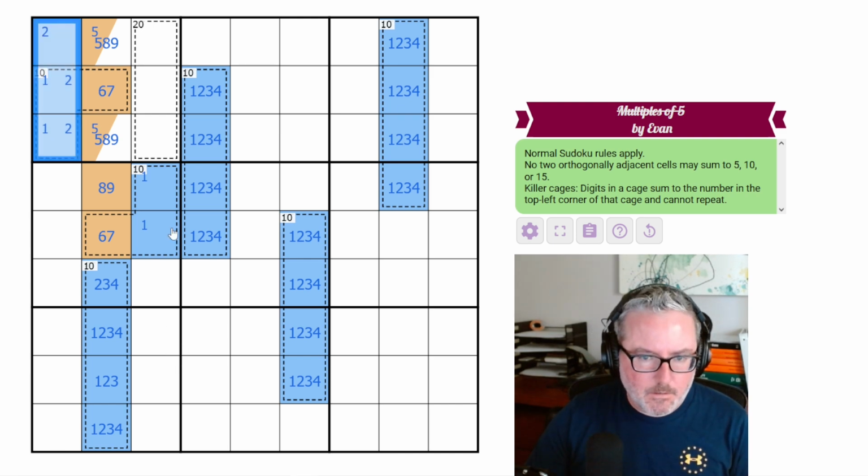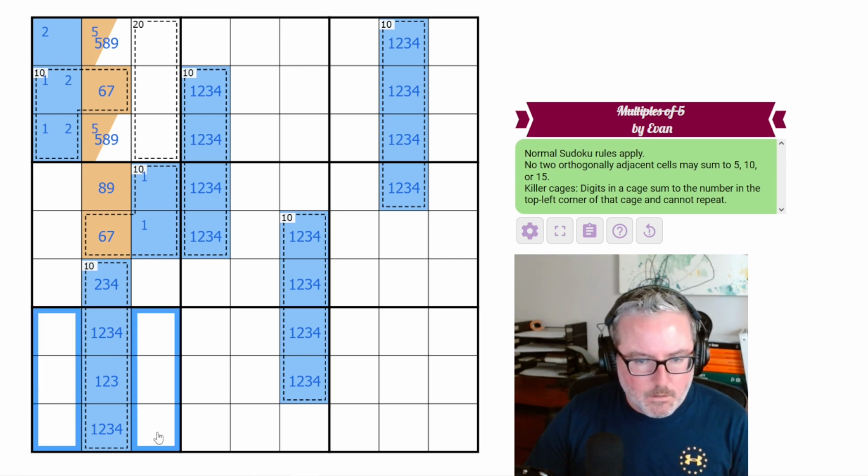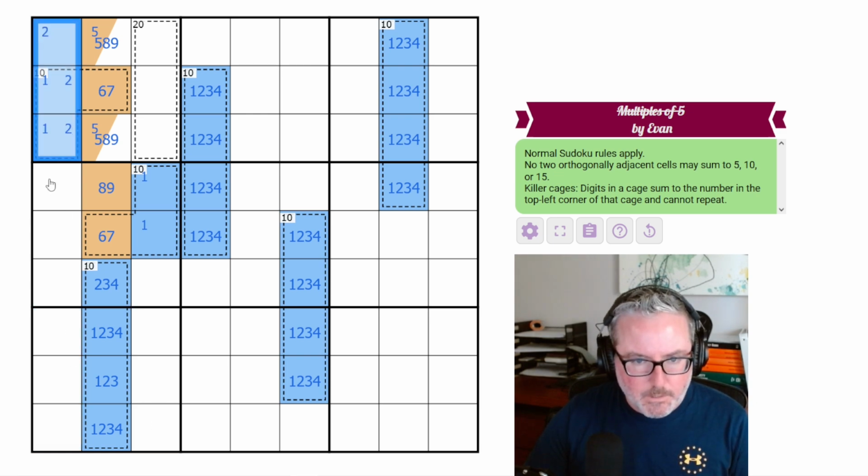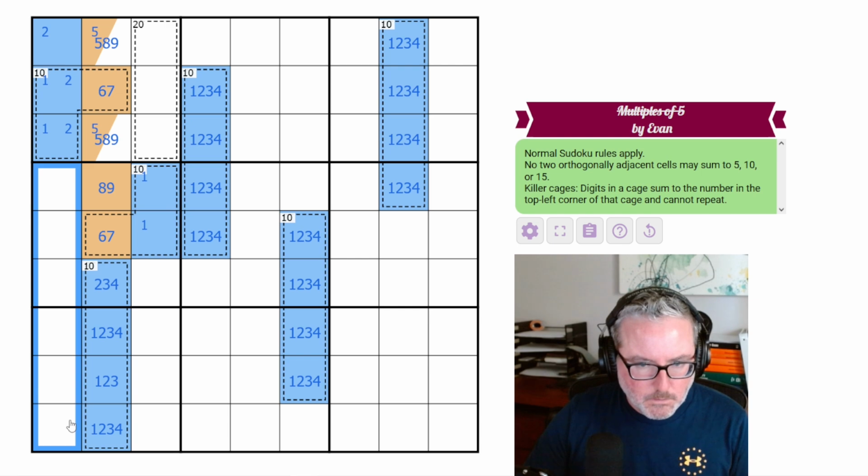Maybe that's what we need to start thinking about, the combinations of all of these in terms of lows and highs. Because we can only have one low in any of these positions. In this column, we can only have one more low.